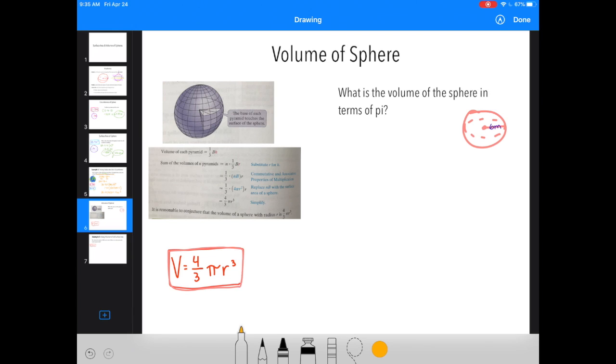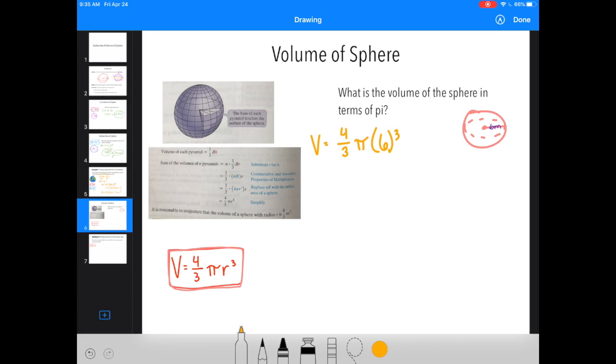Okay, my equation for volume is going to be 4/3 multiplied by pi multiplied by r cubed. All right, let's practice this. I am trying to find the volume of the sphere in terms of pi. So volume is equal to 4/3 times pi times 6 cubed.